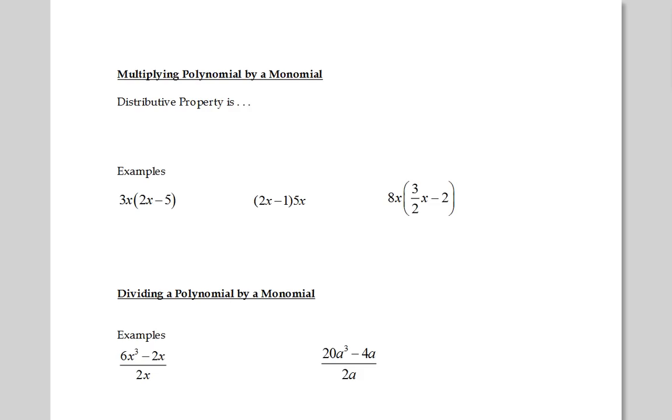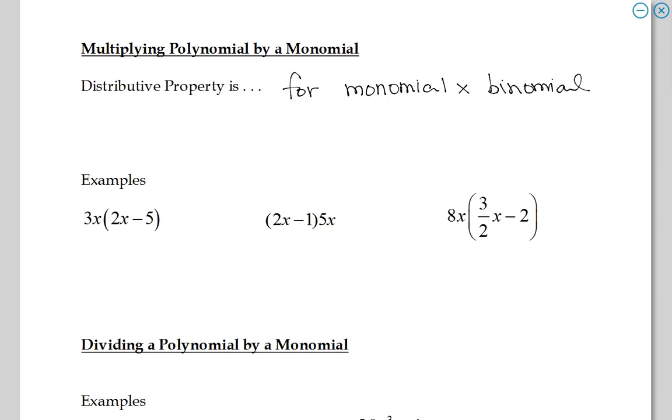The distributive property for monomial by binomial. A monomial multiplied by a binomial will look like this: a outside of b plus c.